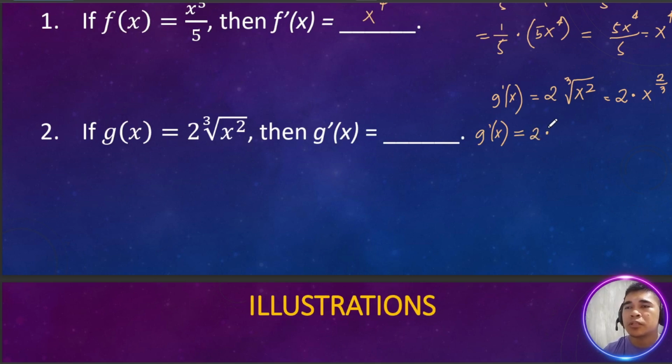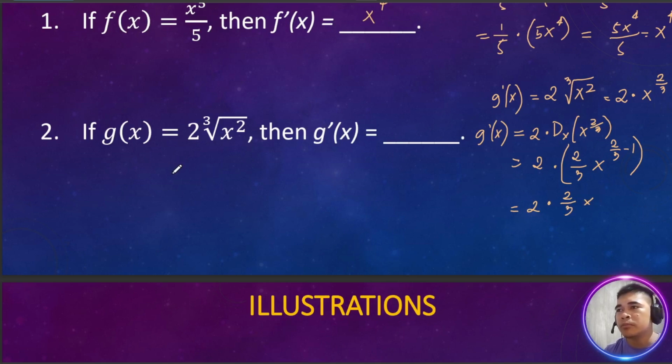So 2 times the derivative of x to the power of 2 over 3, equals 2 times 2 over 3, that is our n, x to the power of 2 over 3 minus 1, equals 2 times 2 over 3 times x to the power of, 2 thirds minus 1 is equal to negative 1 third.